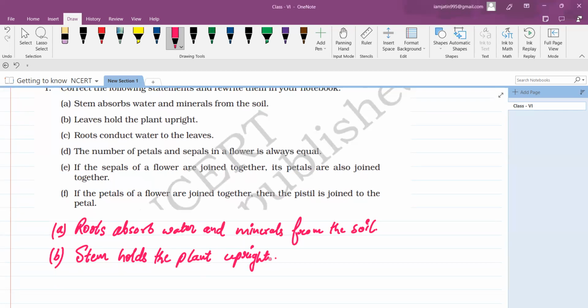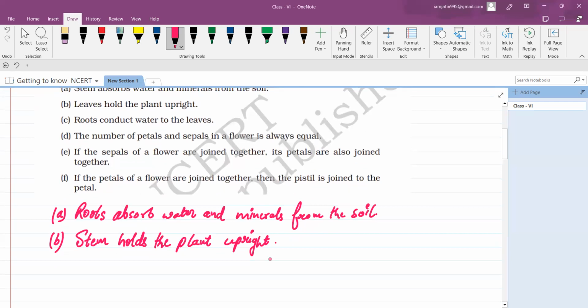Okay. The next is the C statement. Roots conduct water to the leaves. It's incorrect. The stem conducts water to the leaves. It is the function of the stem to transport water to the leaves.